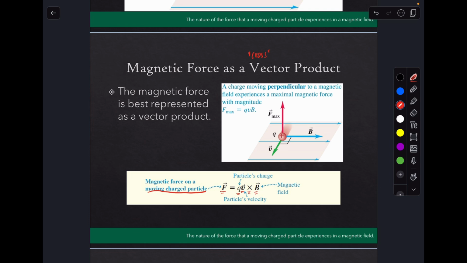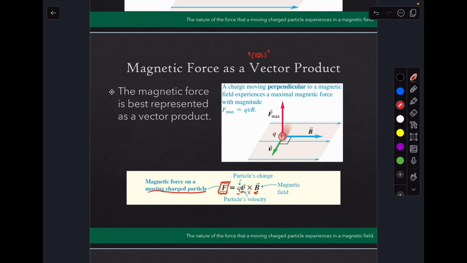Okay, so if you remember back from chapter 1 in physics 1, right, cross products, we didn't talk too much about it because I knew we would be talking about it now. So if you don't remember every detail about cross products right now, that's okay. Now is the time to go back and refer to it. So cross products are basically another way to multiply vectors, and the quality of cross products is that the resulting vector, which is F in this case, is going to be perpendicular to both this vector and this vector, okay?